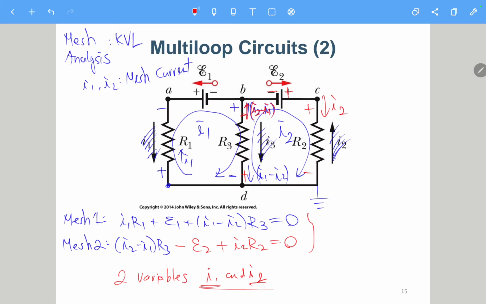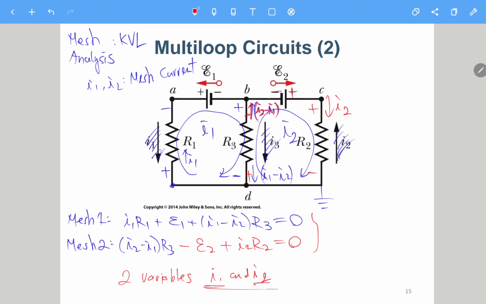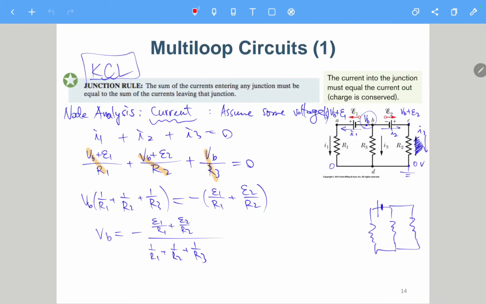In fact, you can also solve the circuit. So this is how the mesh analysis works. But as most of you are not ECE students, I suppose if you can really understand this method, the node analysis would be good enough.